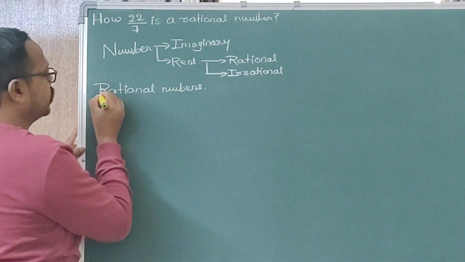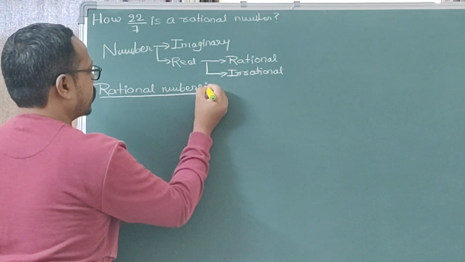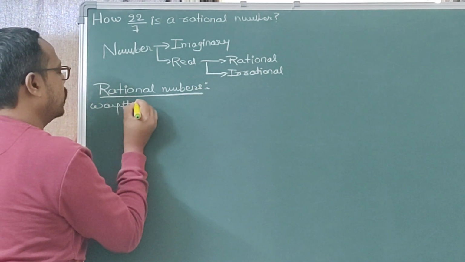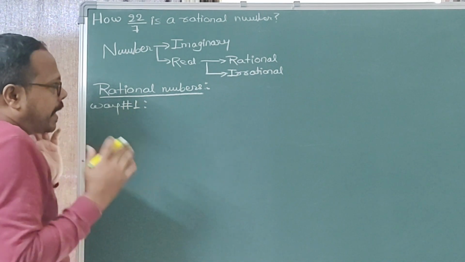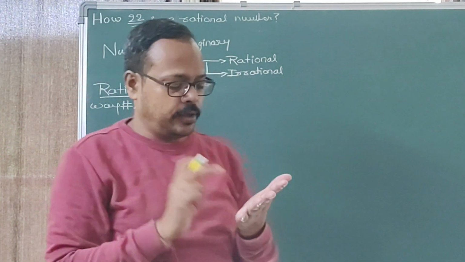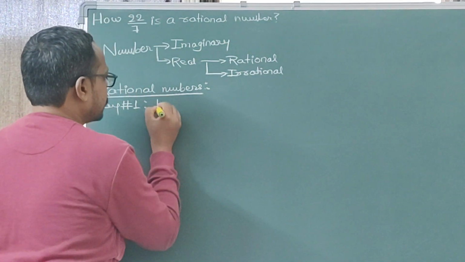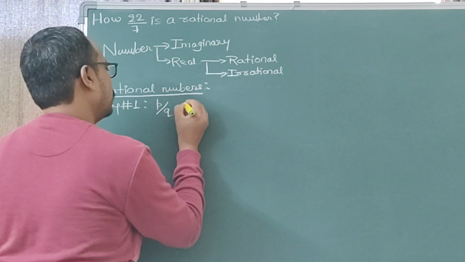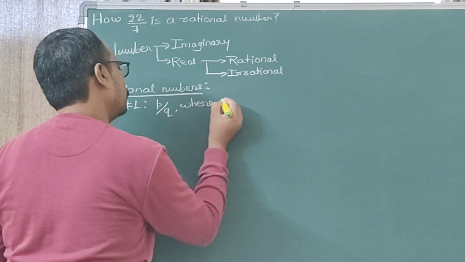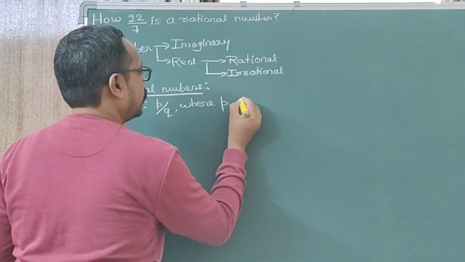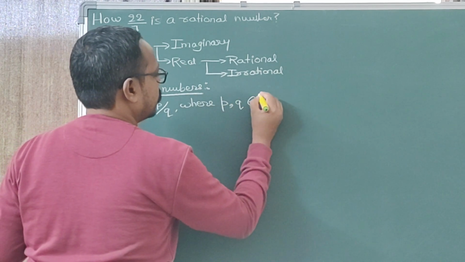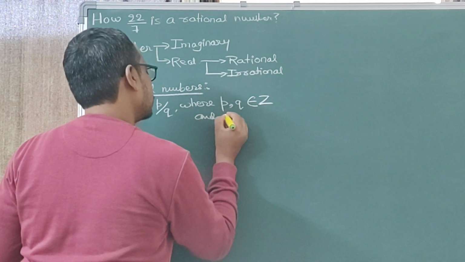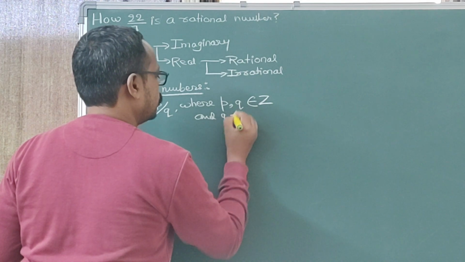Rational numbers can be understood in two ways. What is way one? Way one is: can it be expressed in the form of p by q, where p and q are integers, and the divisor, which is q in this case, is not equal to 0?